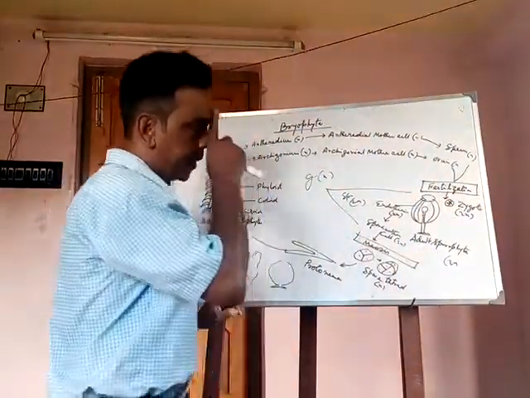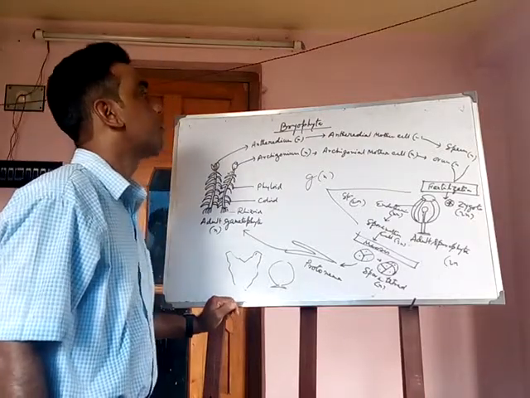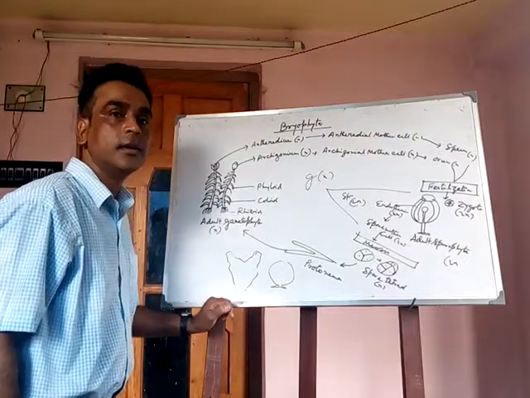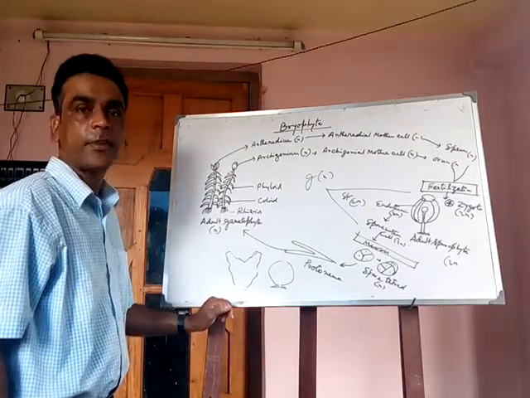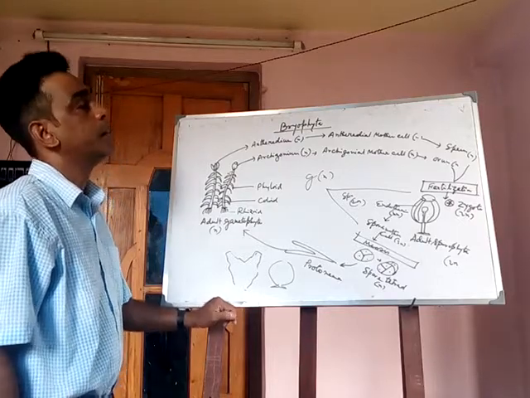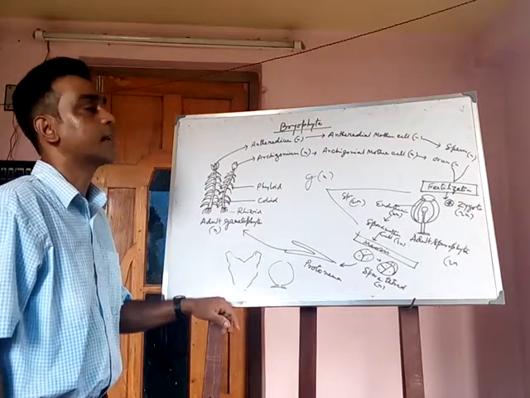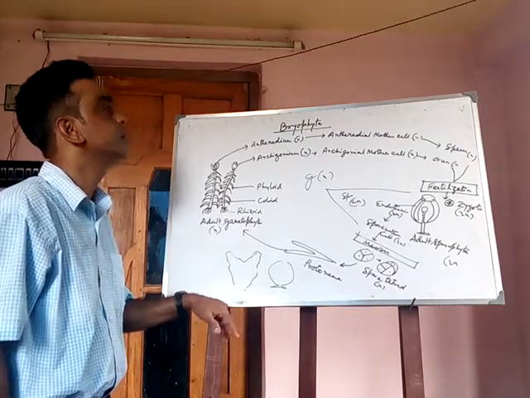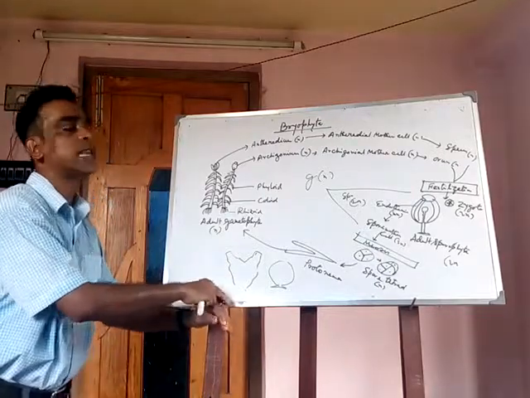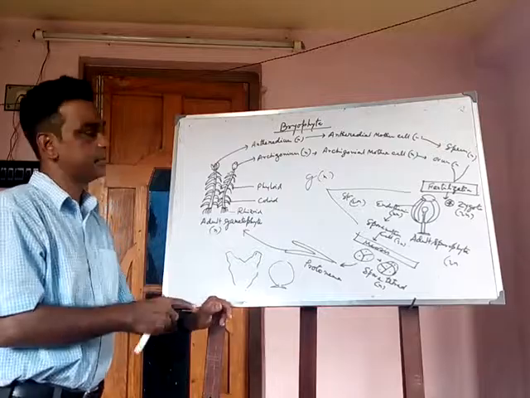Another part of the economic importance of Bryophyta is that it is used as a medicinal plant. It is used for soil fertility, and as cattle food. All of the features are found in this type of group of plant bodies. Now I finish this chapter.